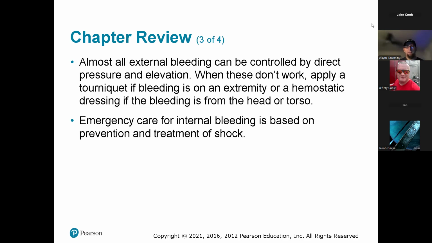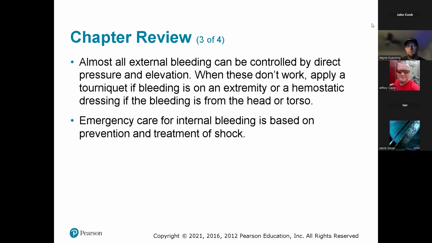I'd say probably 80% to 90% of all external bleeding can be controlled with direct pressure, with the exception of small arterial bleeds. When they don't work, switch to a tourniquet or a hemostatic dressing if it's from the head or the torso. Emergency care for internal bleeding is based on the prevention and treatment of shock.